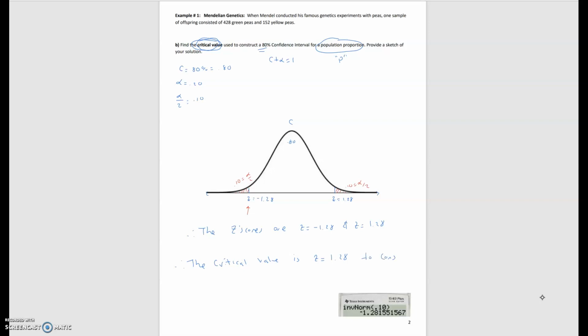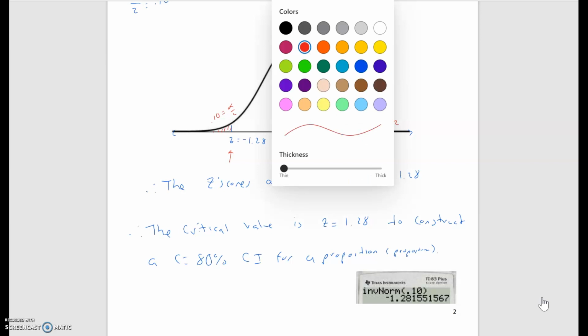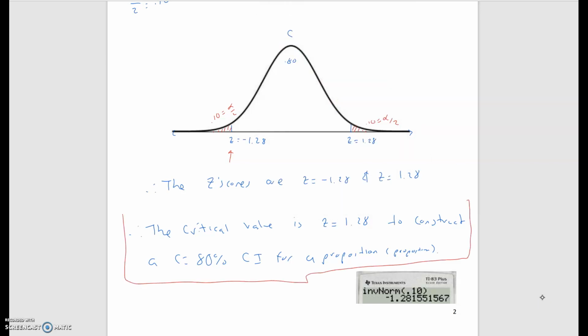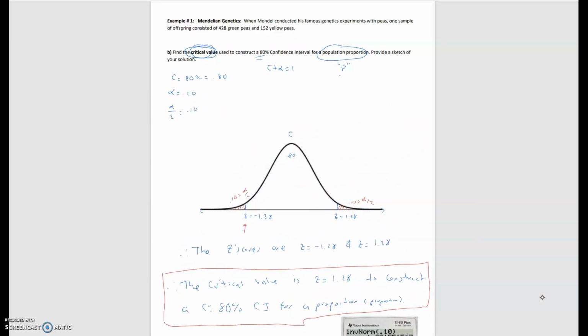And I'll just mention, to construct a C equal to 80% CI for a proportion, so we're looking at a population proportion, the basic idea on these is that when you're finding a z-score or t-value to construct a confidence interval, and in this case it's a proportion, the critical value is only going to be reported as the positive z-score.